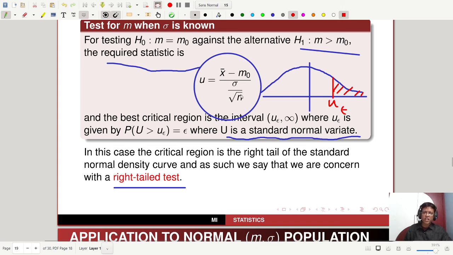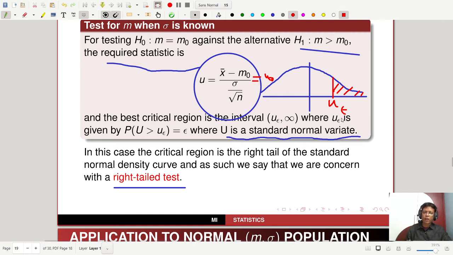If the value of this test statistic, u equal to x bar minus m0 by sigma by root n, is suppose u0, and u0 is more than u epsilon, it will fall inside the critical region. If it falls in the critical region, we will reject the null hypothesis.